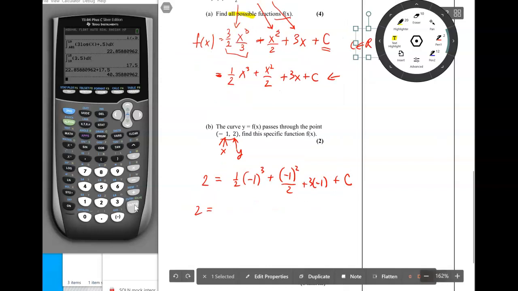So 2, and you could do a lot of this in the calculator. Why don't we do this in the calculator? Be really careful that whenever you substitute in for x, you put parentheses around it, and then you can't go wrong.